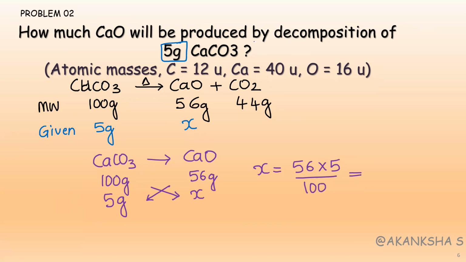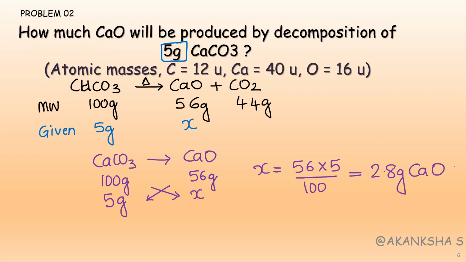Take a minute to solve this and get the value of x. Your value of x will indicate the amount of calcium oxide being produced. So 56 into 5 is approximately 280. 280 divided by 100. Your answer should be approximately 2.8 gram calcium oxide.